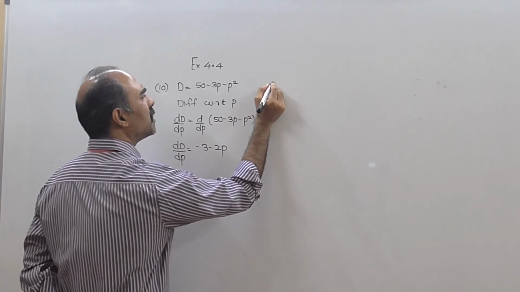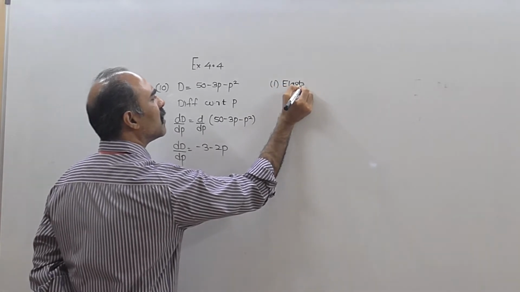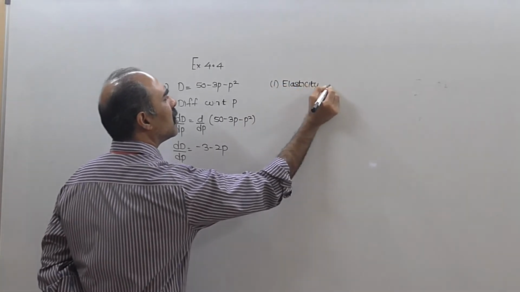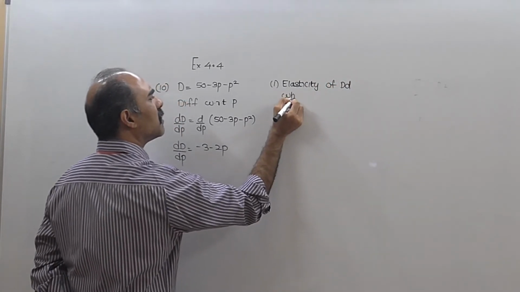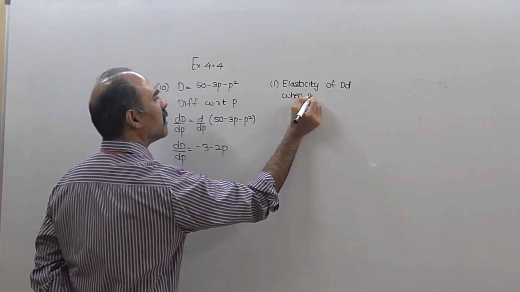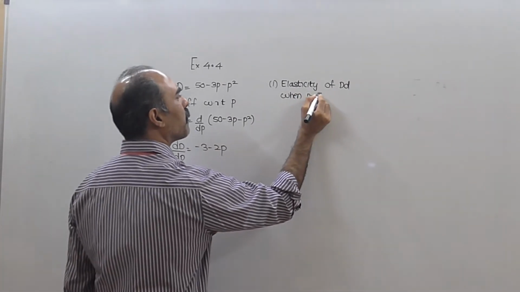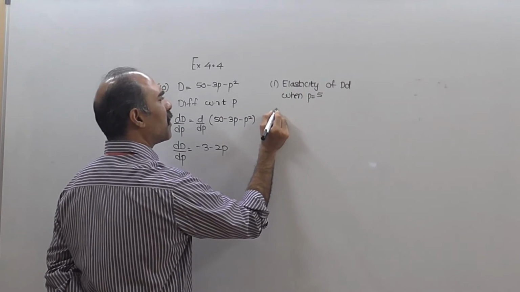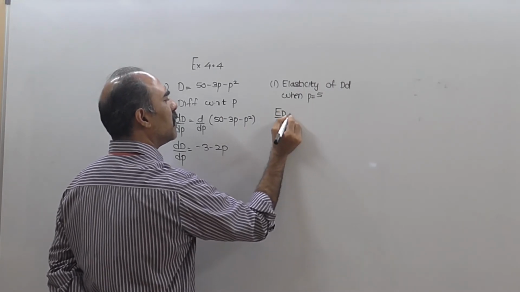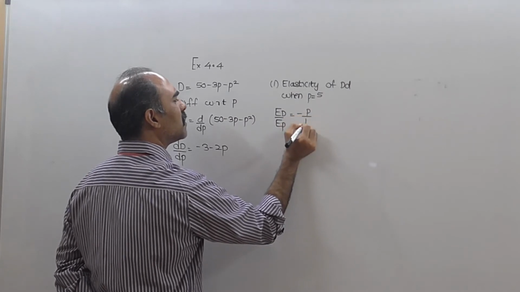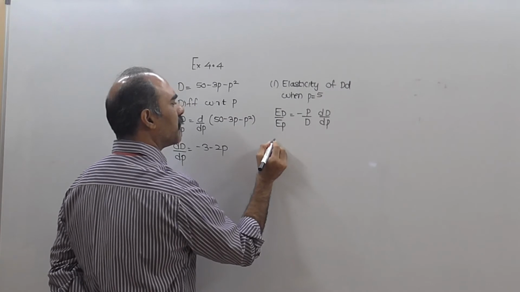Now the first condition is you have to find elasticity of demand when P equal to 5. So what is the formula for elasticity of demand? It is ED upon EP, which is equal to minus P upon D, dD upon dP.